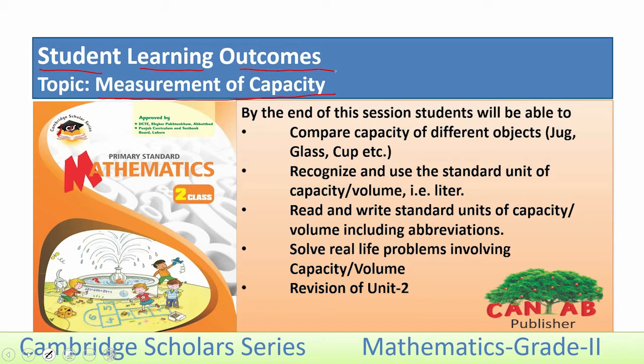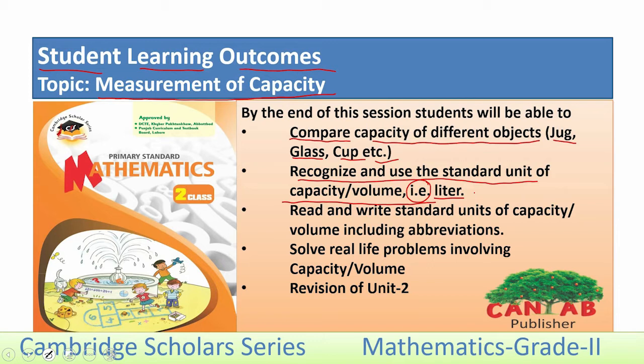Look at first SLO. Compare capacity of different objects like jug, glass, cup, etc. And then recognize and use the standard unit of capacity or volume in liters. And then e.g. means for example, and then liters or milliliter. We will discuss here.